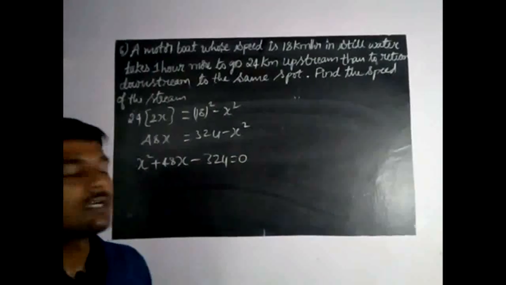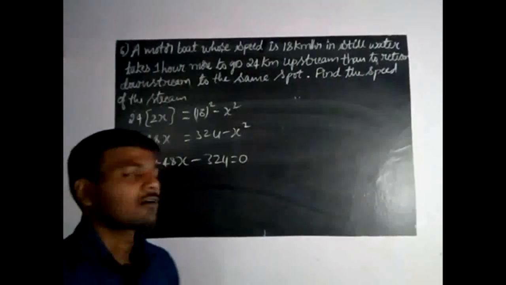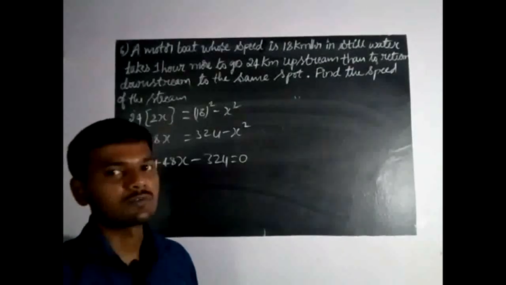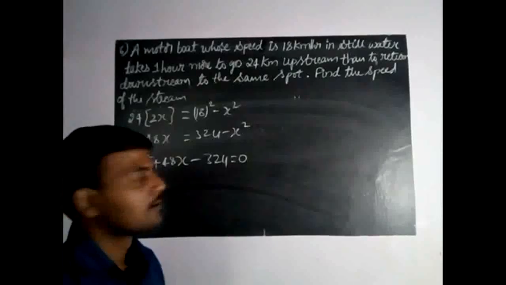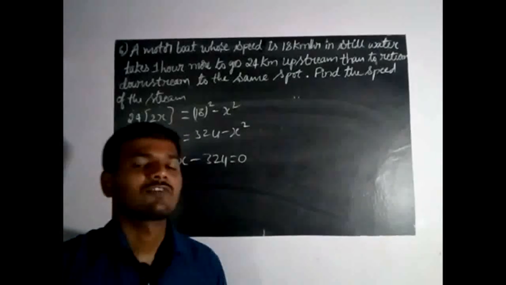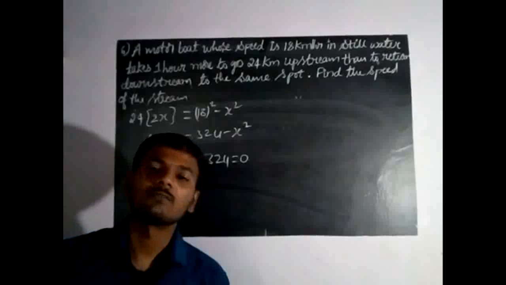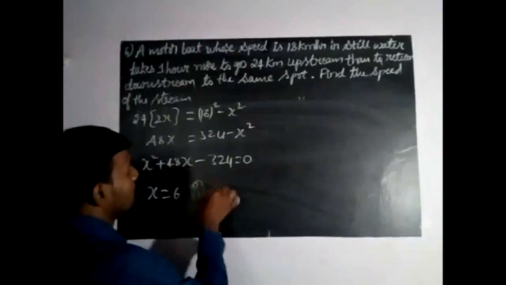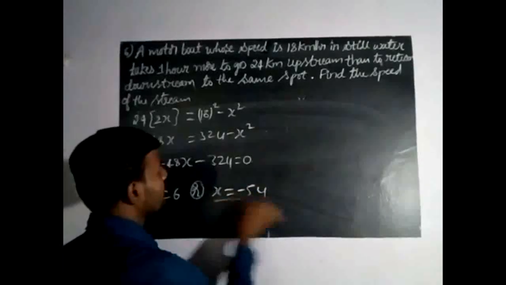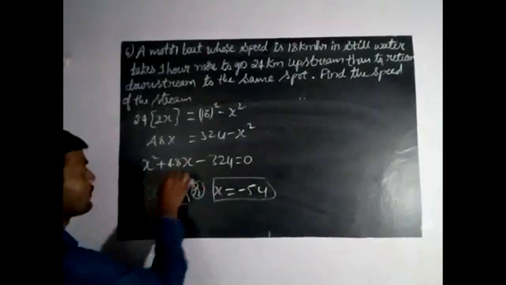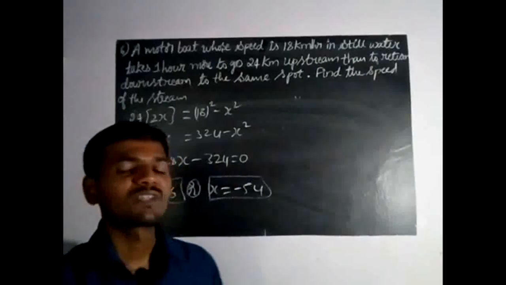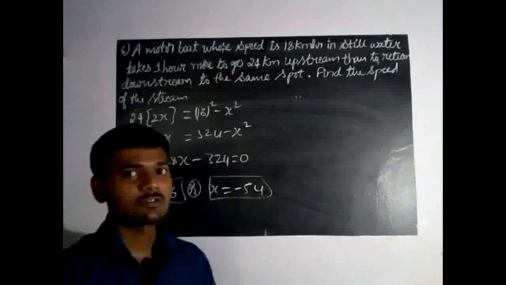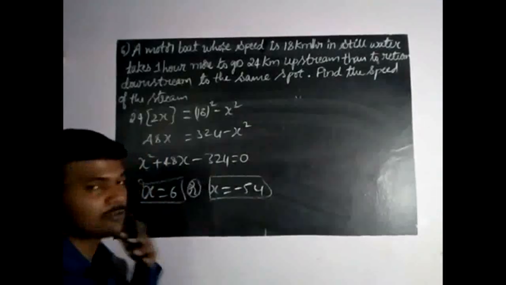Now by the factorization method or by applying the quadratic formula, we can find the roots of this equation. We will get the roots x is equal to minus 54 and 6. Here we have to take the speed as positive, so we have to consider only x is equal to 6.